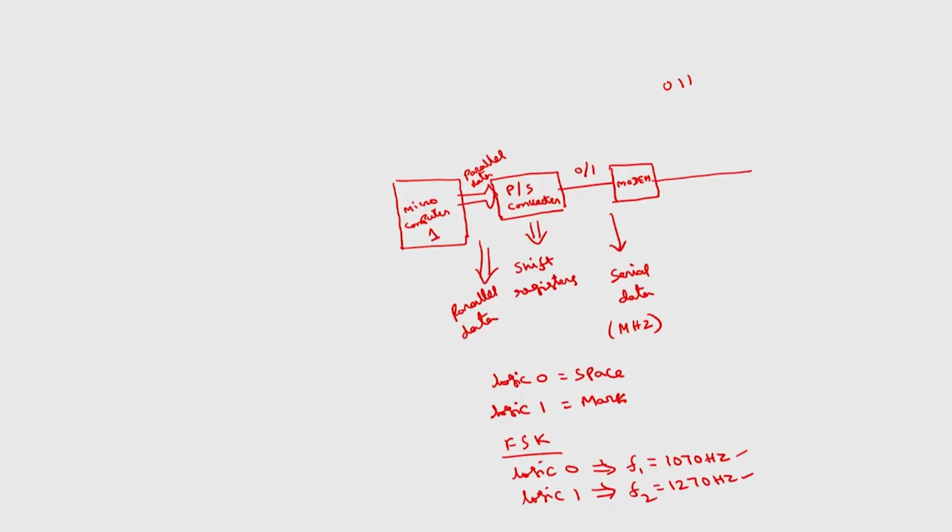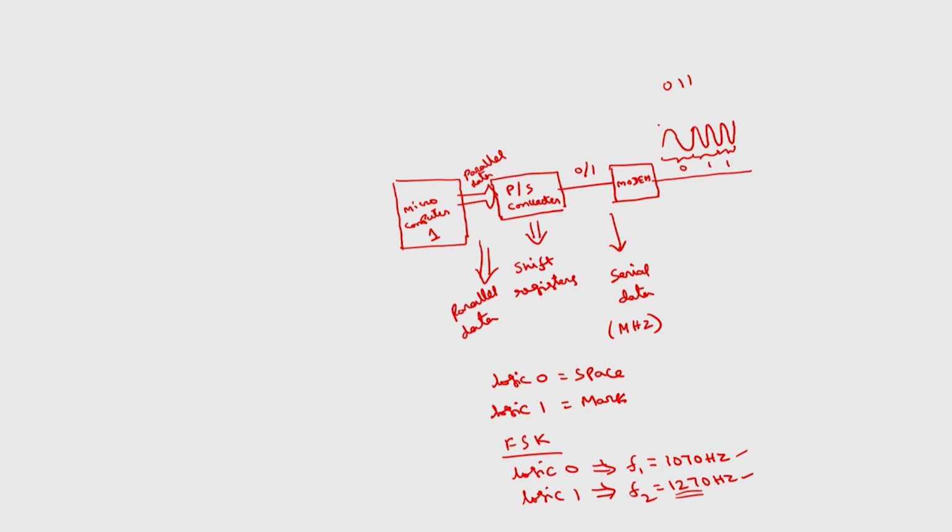Frequency is low means time period will be more. This is logic 0. Then we have to send two ones, so the frequency of the next two signals will be higher.